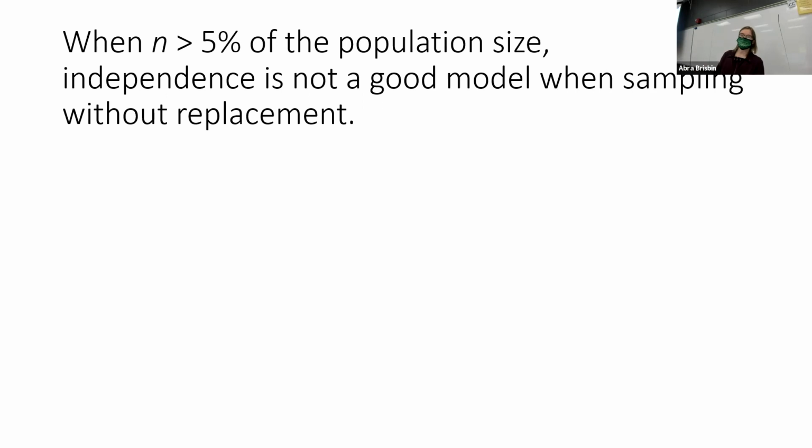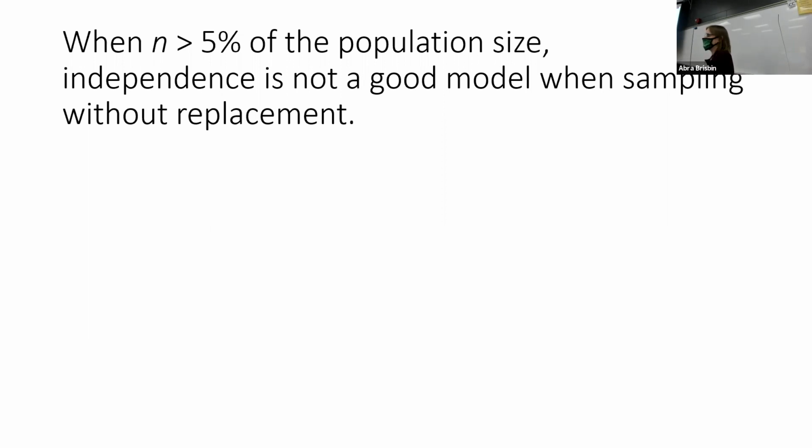So in general, when your sample size n is greater than 5% of the population size, independence isn't a good model when you're sampling without replacement.